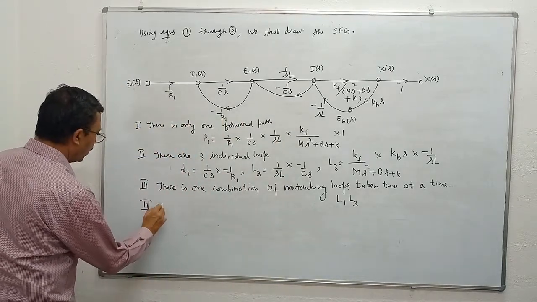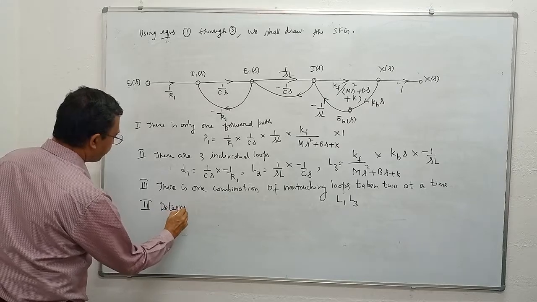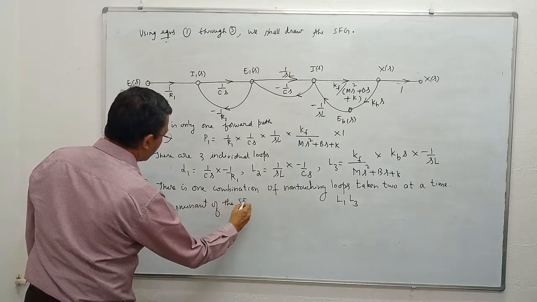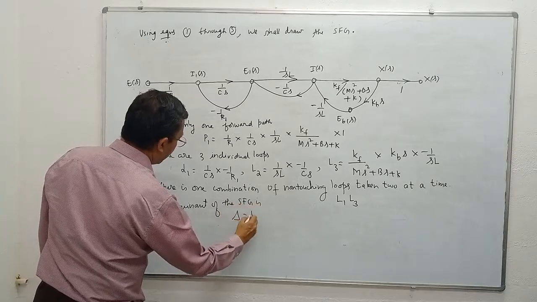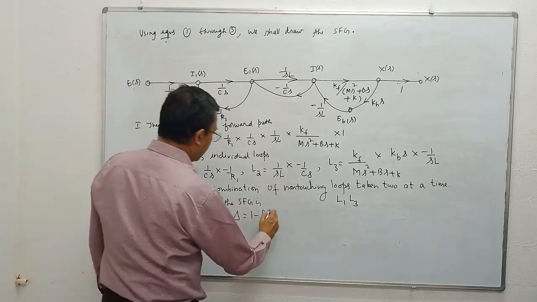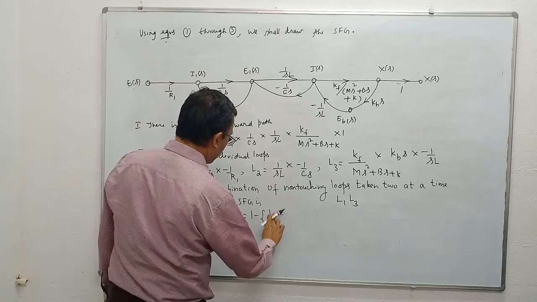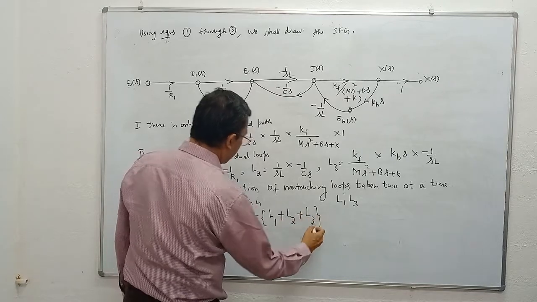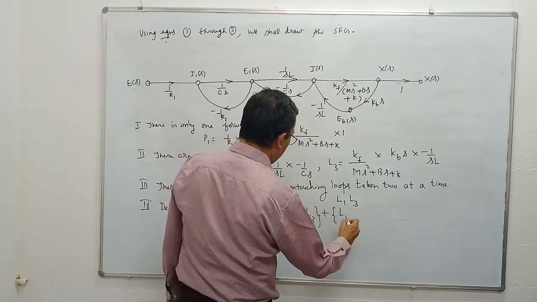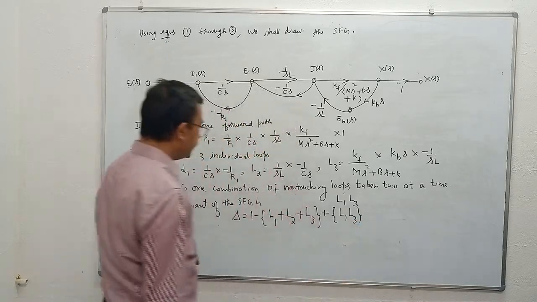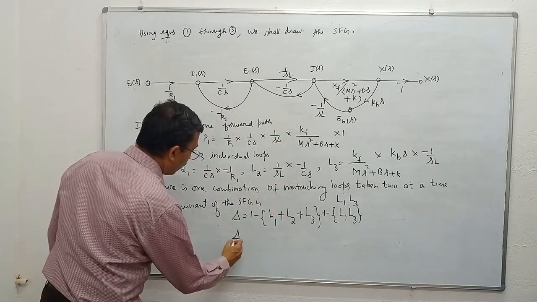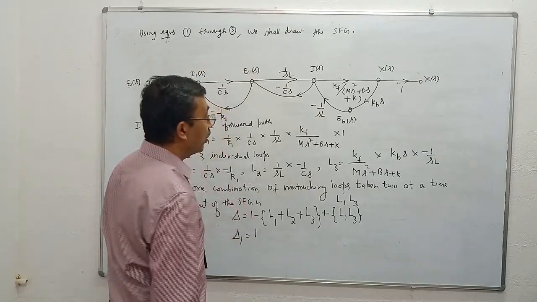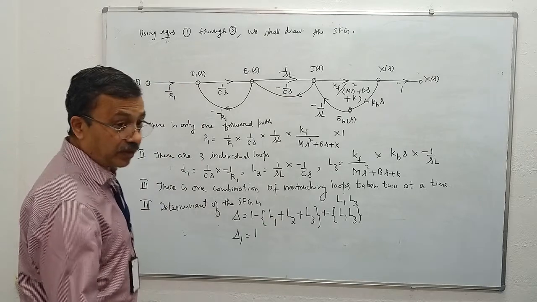Fourth one, determinant of the signal flow graph is delta equals 1 minus L1 plus L2 plus L3 plus L1 L3. Delta 1 to the only forward path, all the loops are touching, therefore delta 1 is 1. Now we will apply Mason's gain formula.